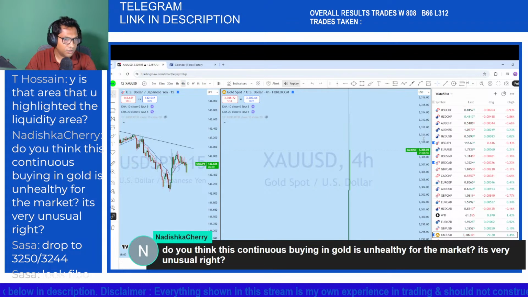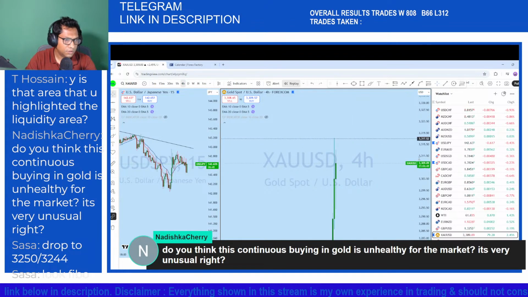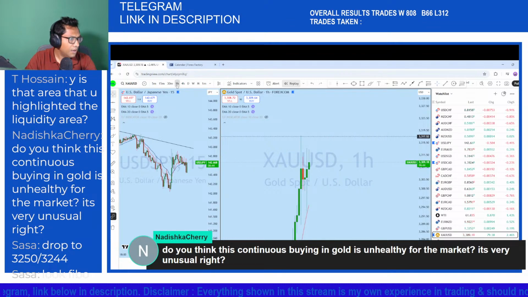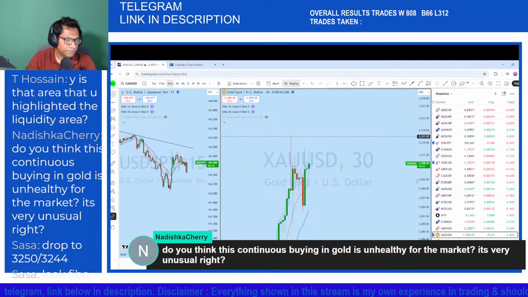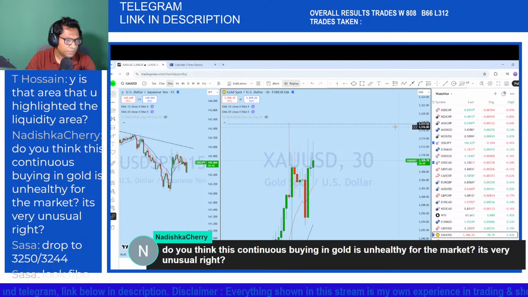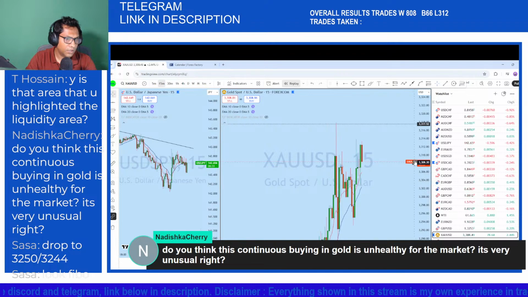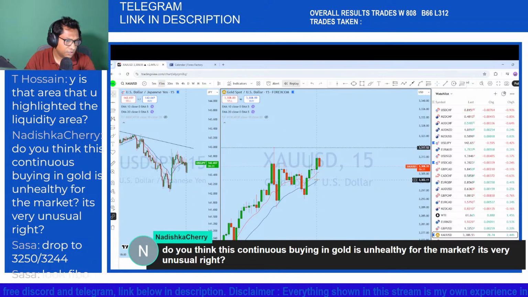For our chart, again dropping down in that support level, and complete rejection.